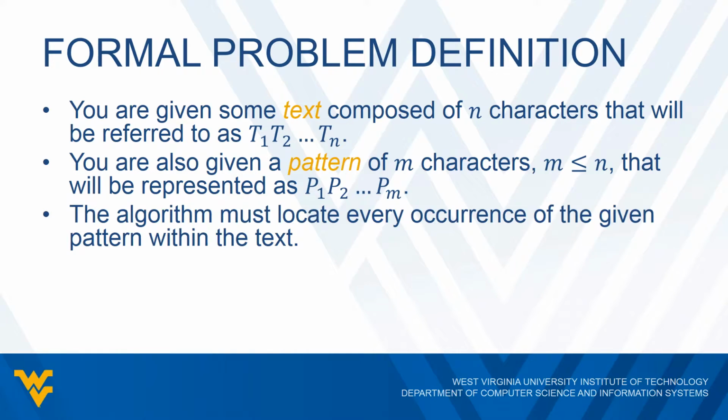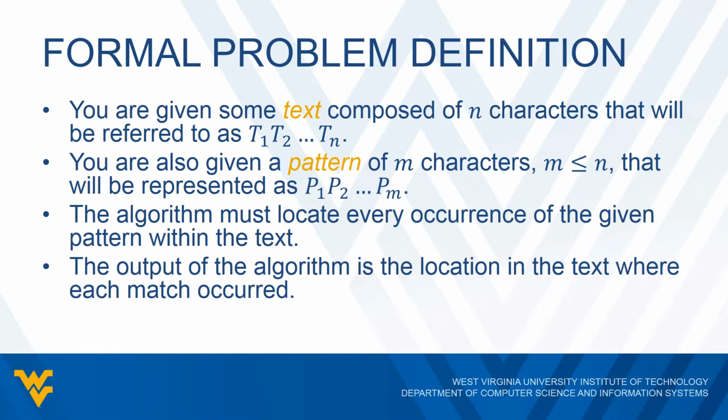What our algorithm is going to do is find every occurrence of our pattern within the text. It may appear once, it may appear 3 times, it may not appear at all, but we want to know every single occurrence of where our pattern appears in our text. That means the output of our algorithm is going to be the location in the text where each match occurred. We're not going to just say, okay, we found it 3 times. That's wonderful, but we need to be a little more specific.